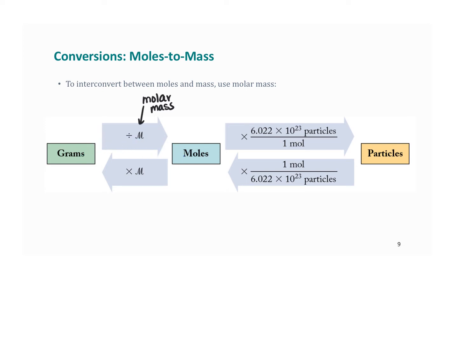But I also want you to notice that we can add this to what we learned about Avogadro's number, and convert from moles to particles. So let's look at an example of how to do this. And I have some examples here for you.